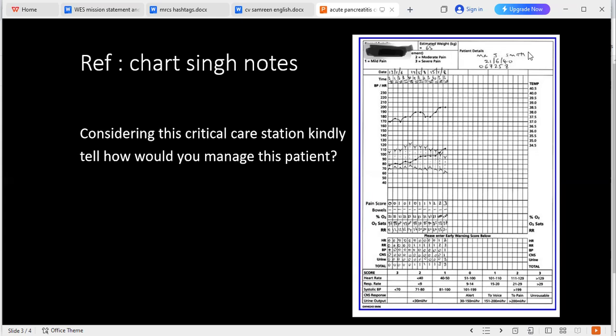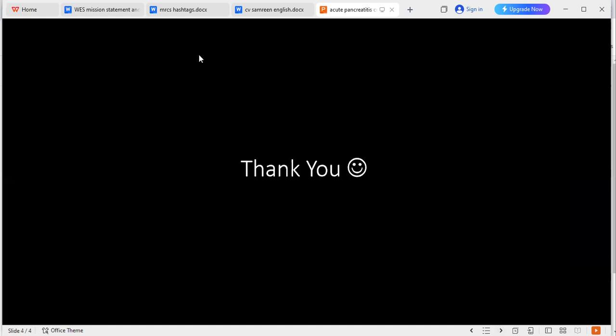The patient's details are given like this: blood pressure, heart rate, temperature, pain score, oxygen saturation, respiratory rate, urine output. So this is the whole monitoring. And these are the scores of heart rate, respiratory rate, systolic blood pressure, CNS response, urine output. That gives you an idea of what level of shock the patient is in. You can have a look at it later. Good. Thank you.